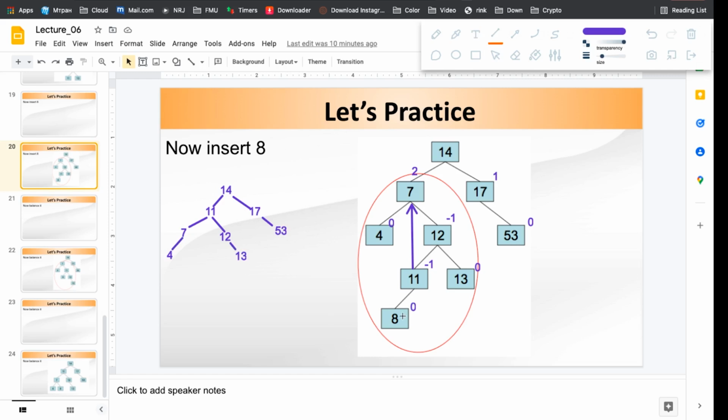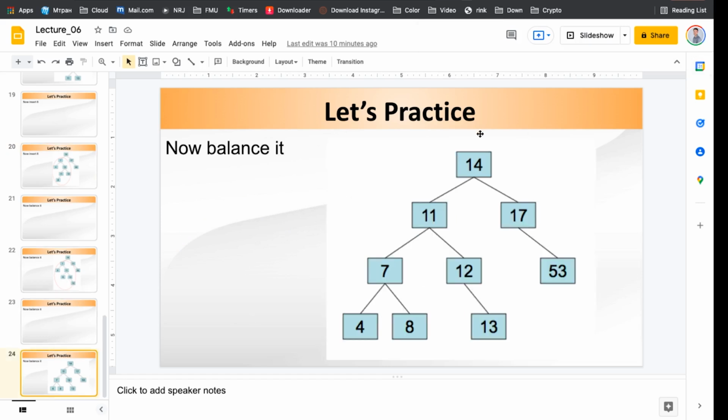So where does 8 fit? It's either on the right from 7 or on the left from 12. So 8 has to be on the left from 11, right? Basically the only place it's going to fit is here. And that's going to be our 8. Like this, and now everything is going to be balanced, I think.